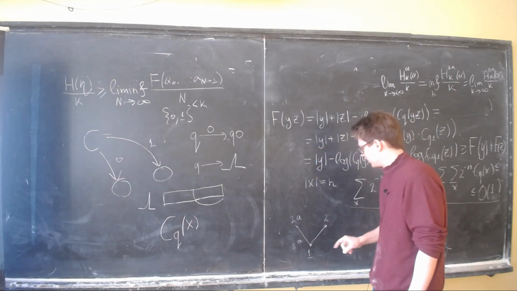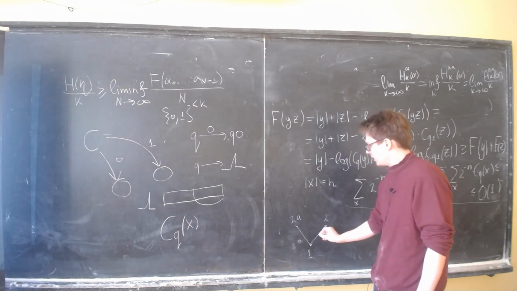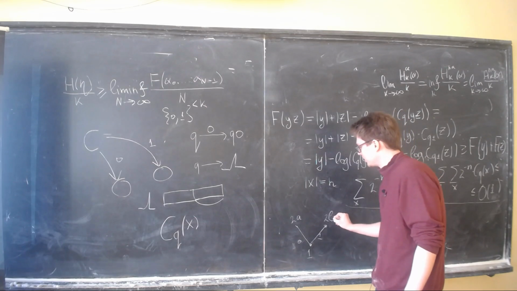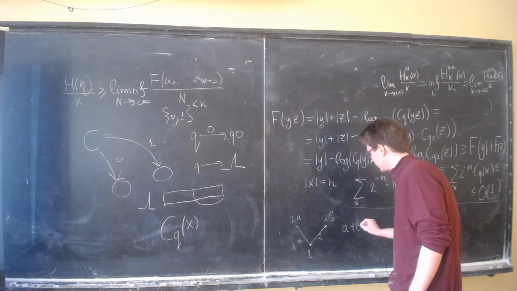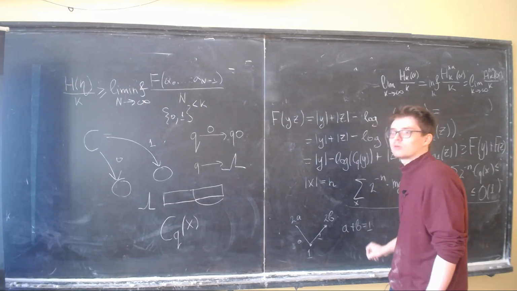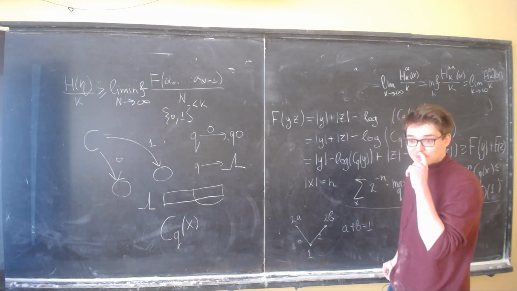And if we see 1, our capital will be 2B. And recall that A plus B equals 1, because it's a proportion in which we split our capital.